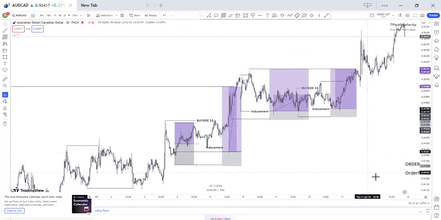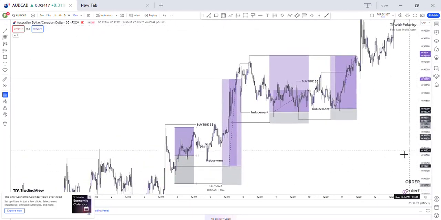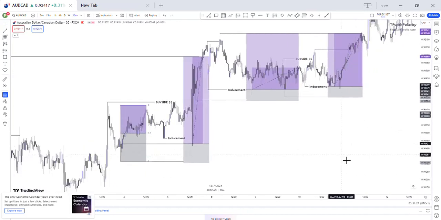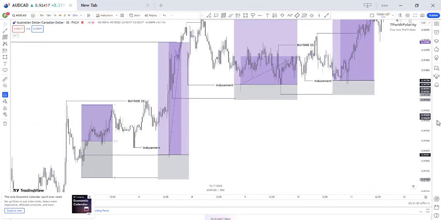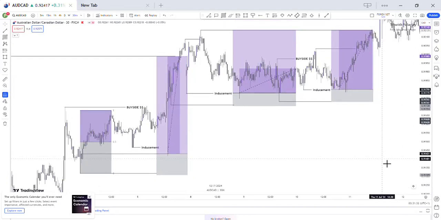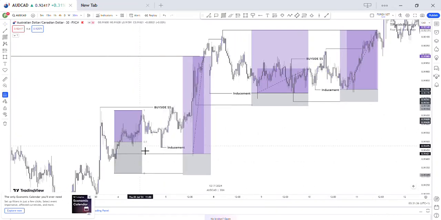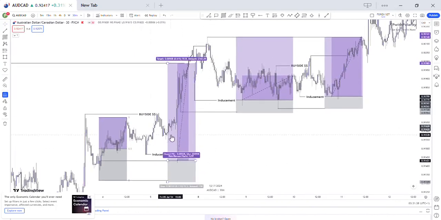These are examples of trades I took last week, and I will break them down for a clearer understanding for everyone. What I want to do first is anticipate a liquidity getting taken out.